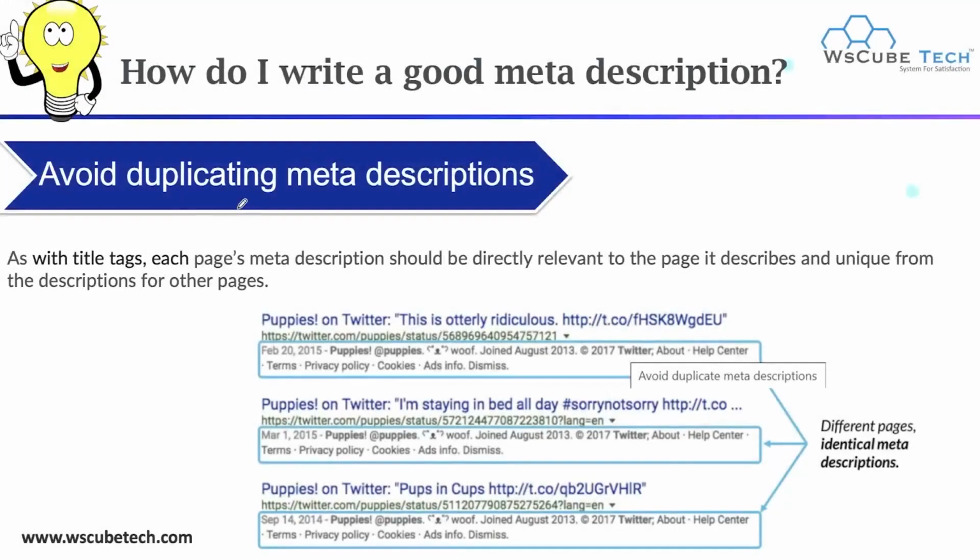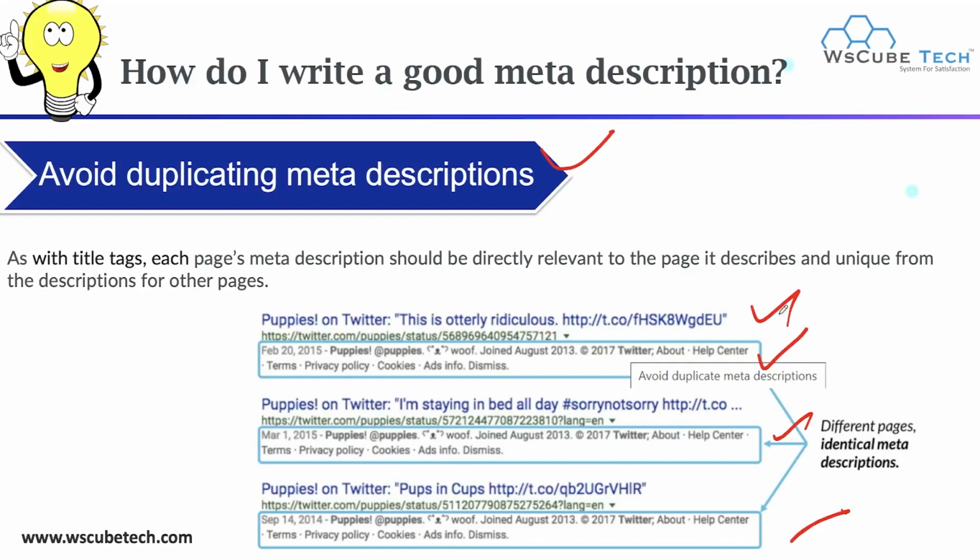Now you have to avoid duplicating meta descriptions. In this example, as you can see, we have different pages here, but for all the different pages we have the same meta description. This practice we have to avoid. We have to use a separate meta description for different pages.